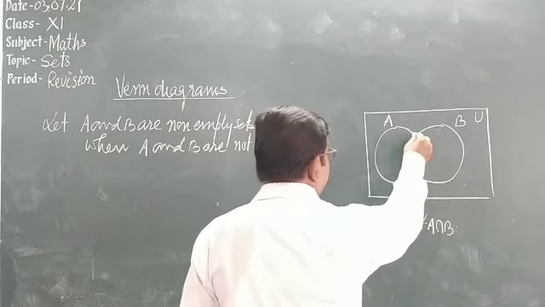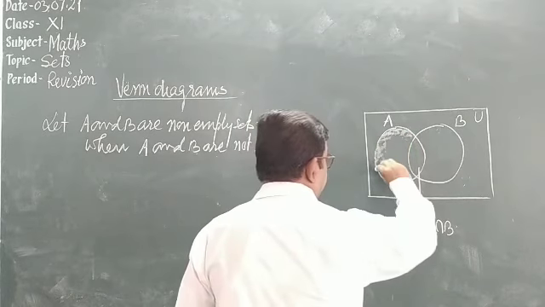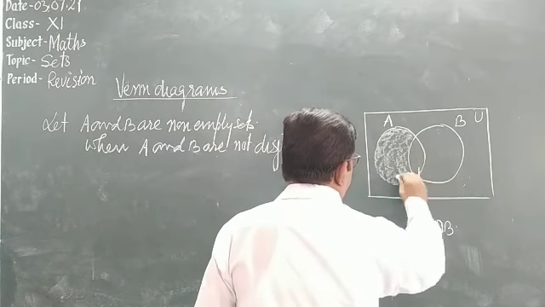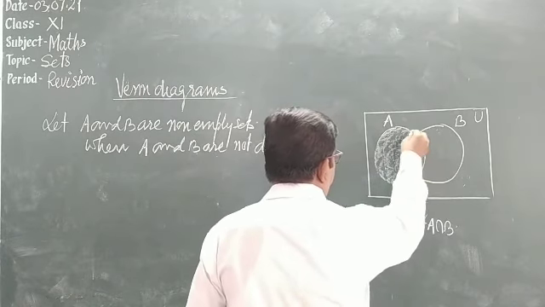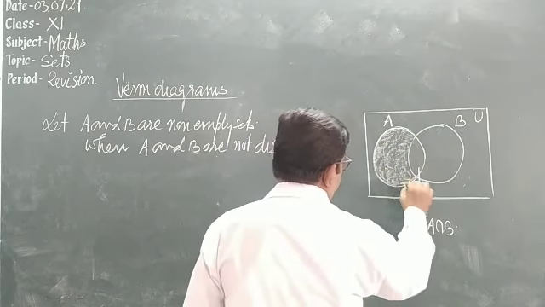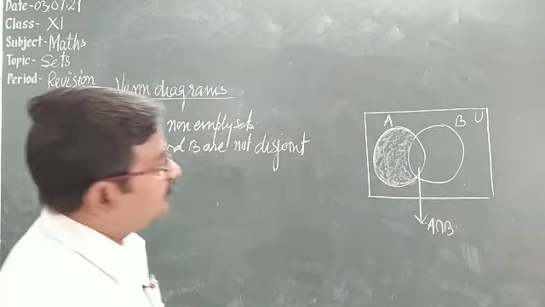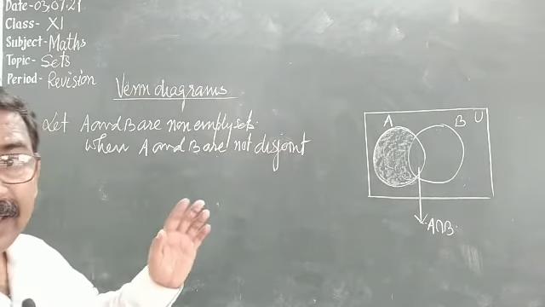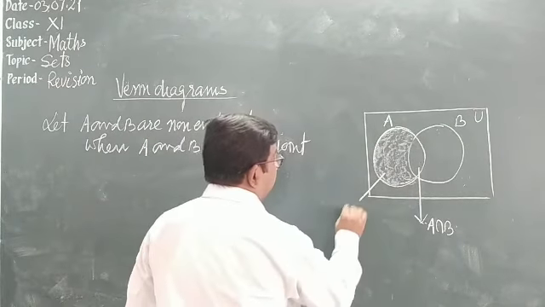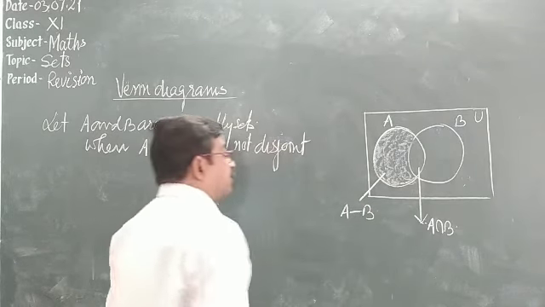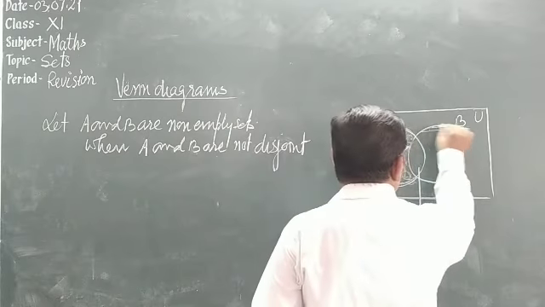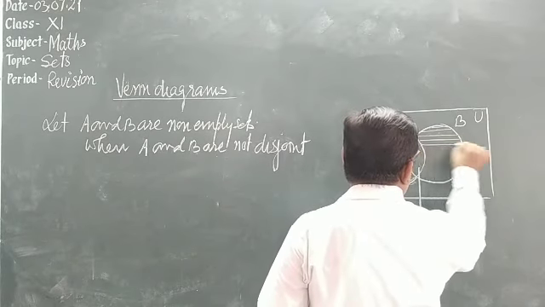Now if we shade this portion, the shaded portion is the portion of set A not included in B. So this is A minus B, elements of A which are not found in B. Suppose this one I am shading with the help of lines.